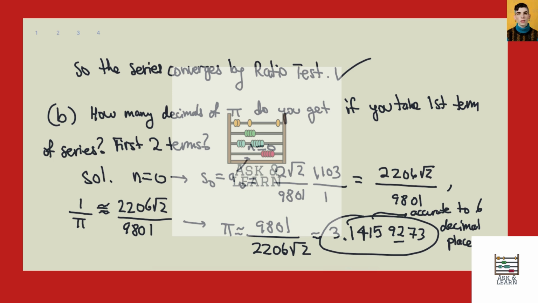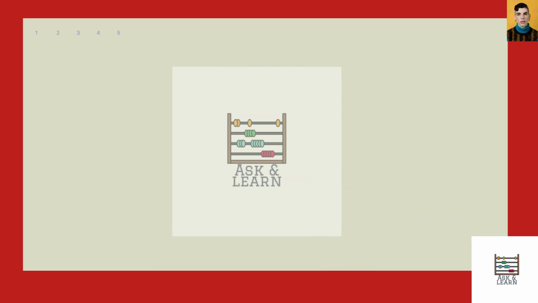Now let's go on to the second part where we use the first two terms. So the previous part was using one term only. Now we go on to two. So the first two terms will mean n equals 0 and n equals 1. So we have S1, the first partial sum, which is a_0 plus a_1. And then you plug in n equals 1 into the formula here.